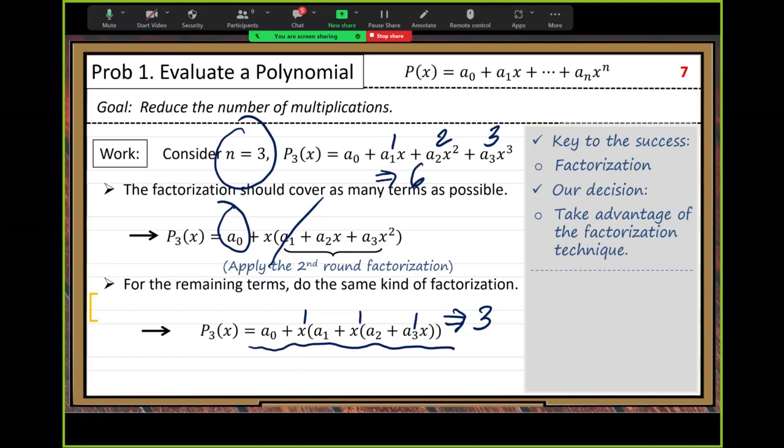Now you can see the reduction is from 6 to 3. More reduction, right? In our previous experiment, the improvement was only 1 multiplication fewer, from 3 to 2. Here, 3 multiplications fewer. So we made better improvement when n equals 3.